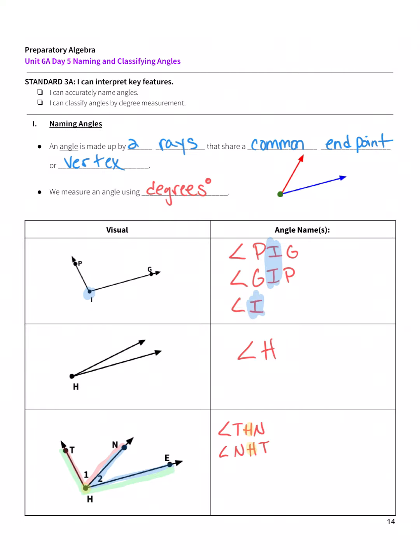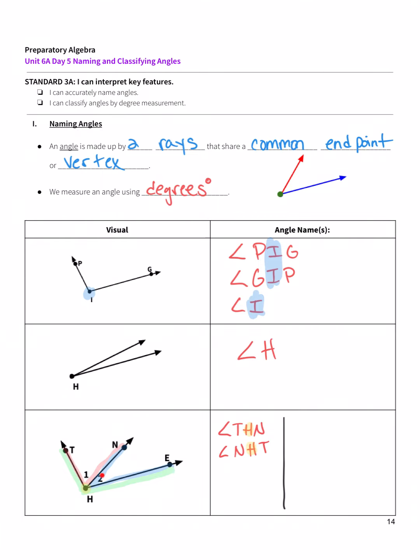Because that is our common endpoint. All right, now I'm going to look at my next angle. Again, we can see here that this ray and this ray are connected by that endpoint or vertex H. And so I'm going to just go ahead and name this.